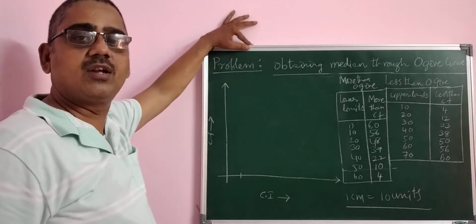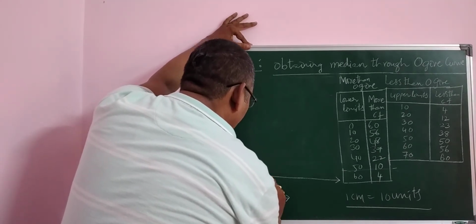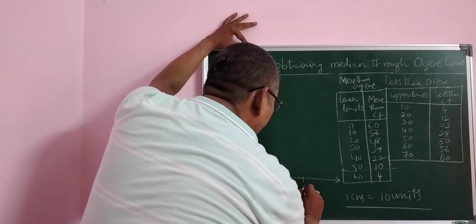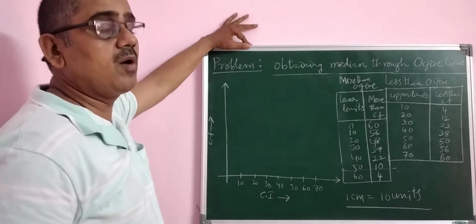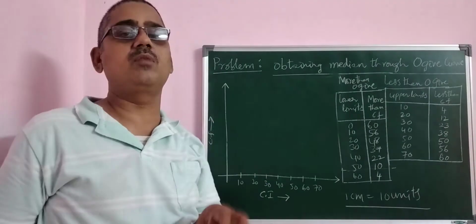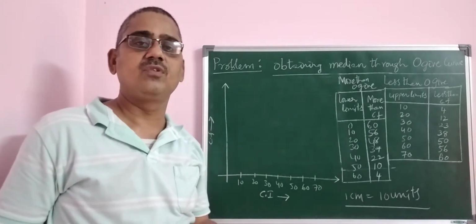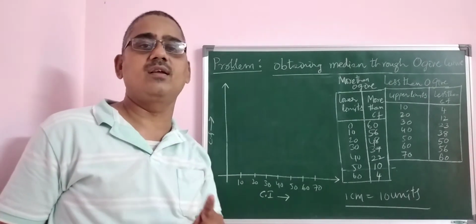This is the scale I am considering: 10, 20, 30, 40, 50, 60, 70. Take the graph paper carefully, since the answer for the median is required more exactly. So to get it as exactly as possible, construct properly.